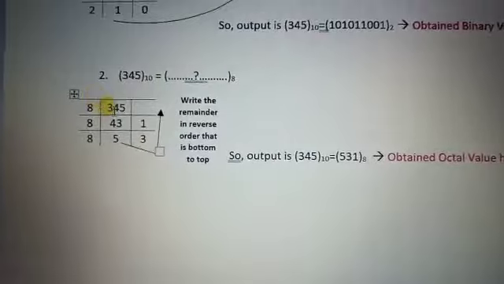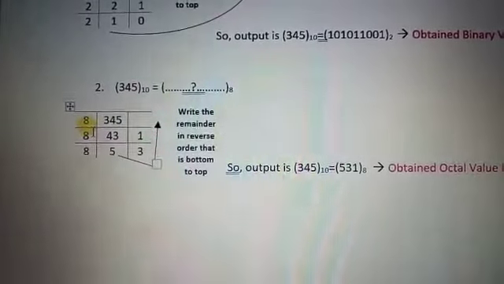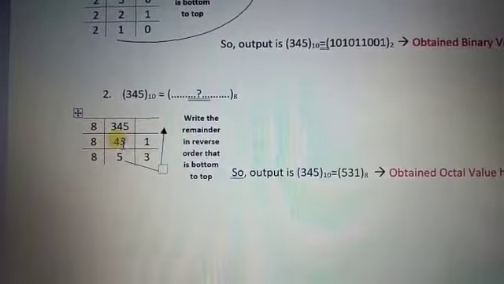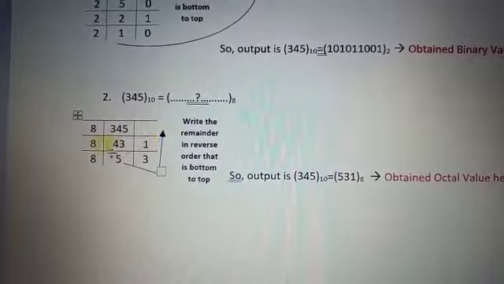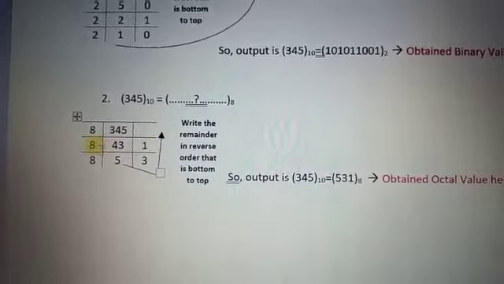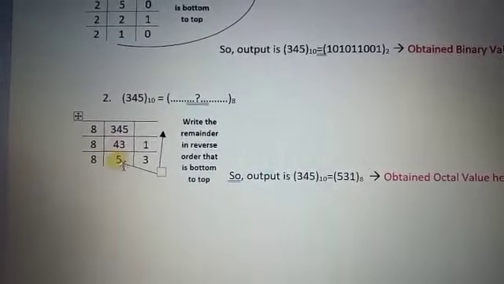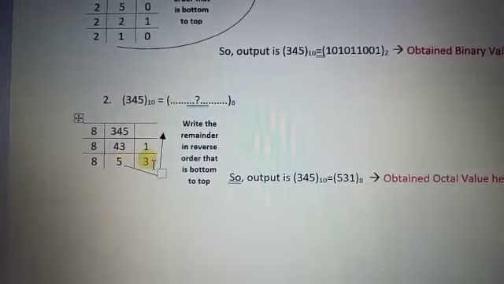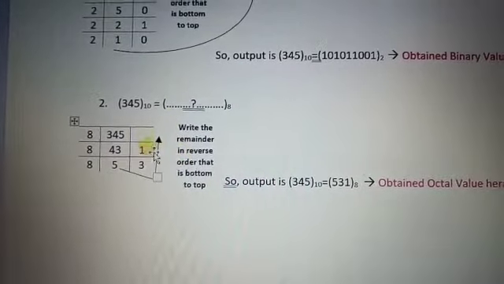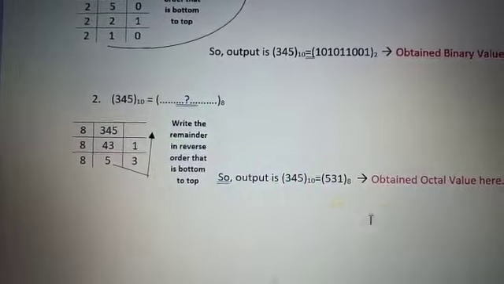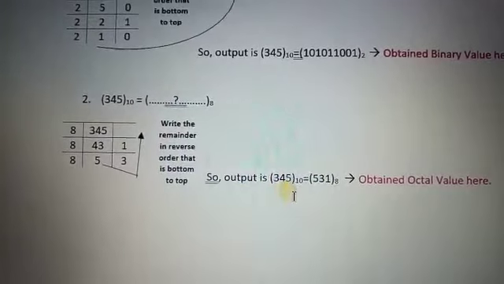In the same process, we divide 345 by 8, and here is the quotient and here is the remainder. Again we divide 43 by 8, five times, and the remainder is 3. Then we write the remainders in reverse order. 5 3 1 is the output in octal form of the decimal number 345.